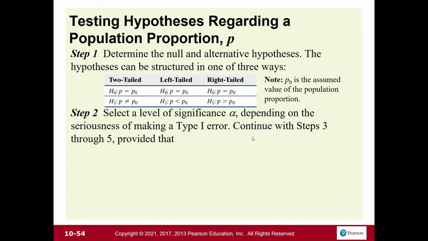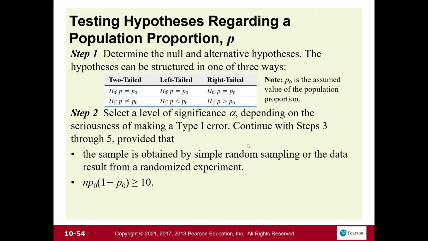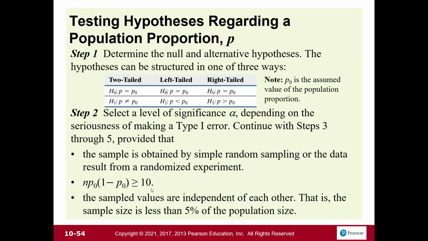Usually 0.05 or 0.01 is a good alpha level. We have to check that our sample is obtained from an SRS, and also that n times p times 1 minus p is greater than 10. The sample values are independent of each other.